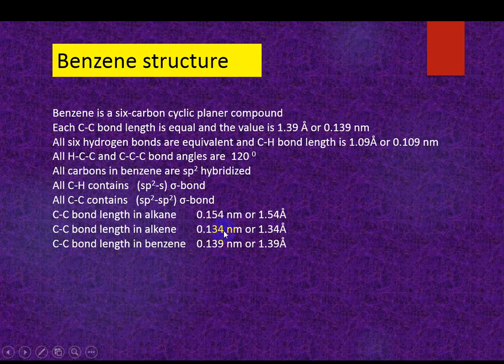So we can't say the carbon-carbon bond in benzene is a single bond or a double bond, because it is between them. Okay, look, the bond length is 0.139. It is between 0.154 and 0.134.